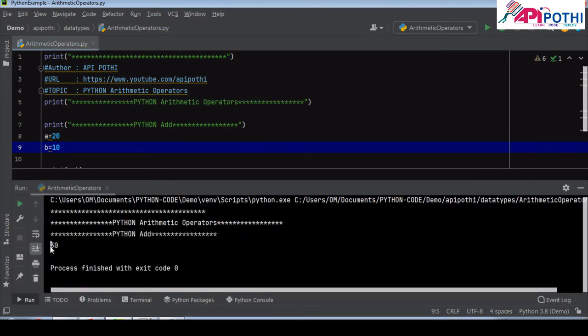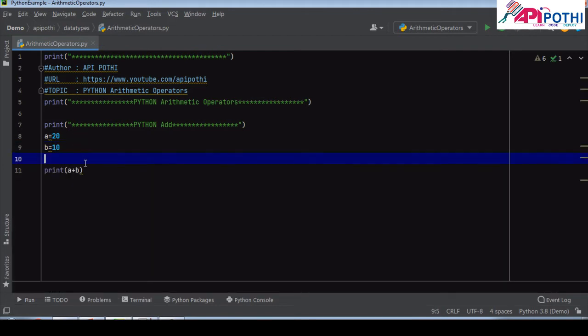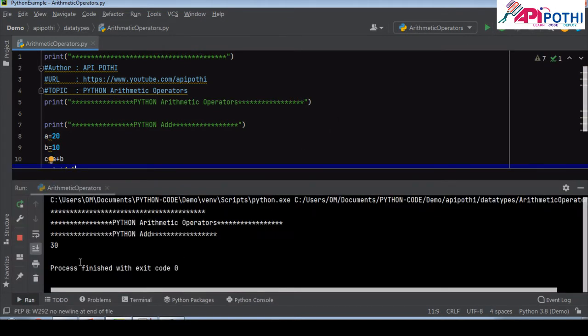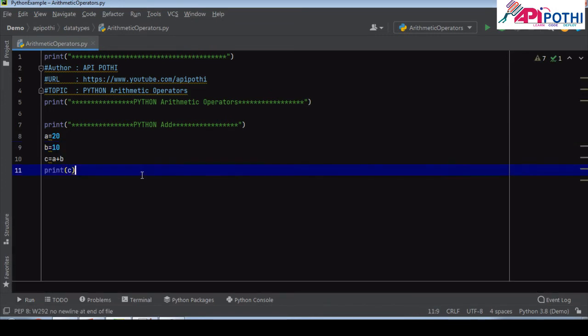If you see, a plus b equals 30. We can write it in this way also: c equal to a plus b, and here we are printing c. Let us see the output. The output remains the same. So this is addition.